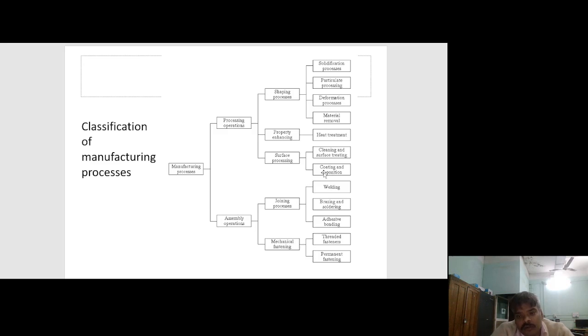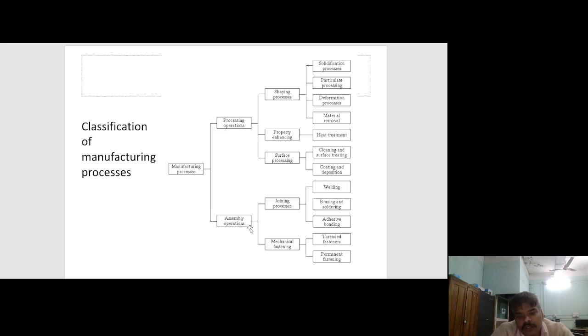So by using PVD coating, CVD coating, different layers like titanium nitride, titanium aluminum nitride, Al2O3, titanium carbonitride, and ceramic layers, you can provide good anti-friction property and good thermal stability.